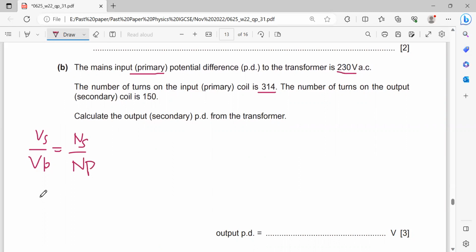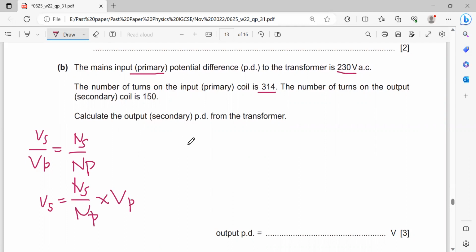If Vs is the subject, we rearrange this formula and it becomes Ns over Np times Vp.